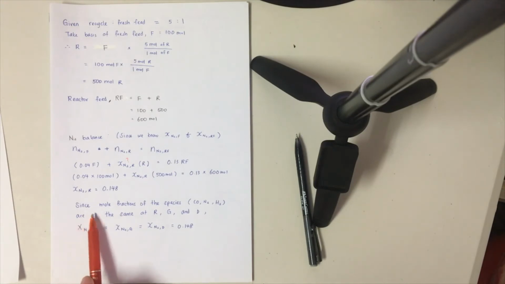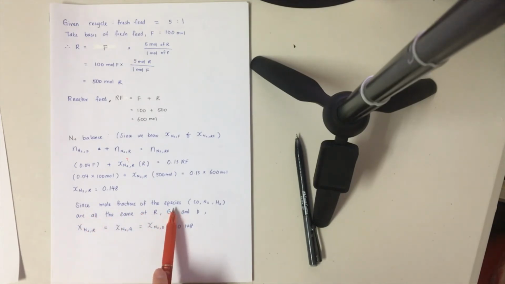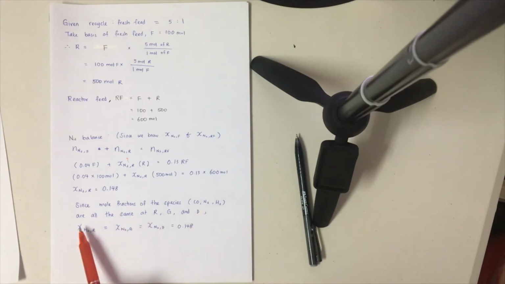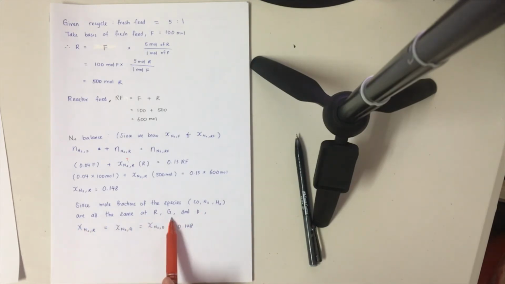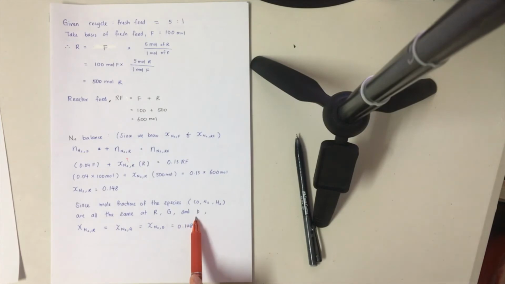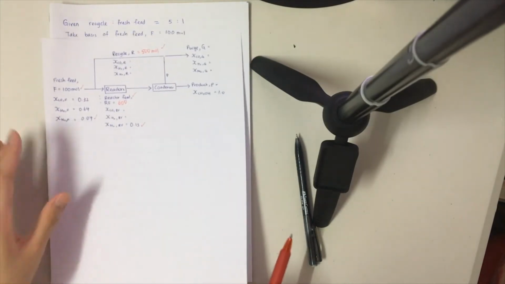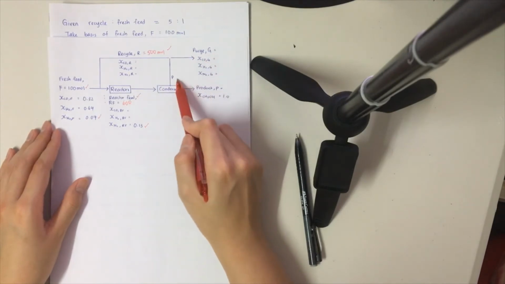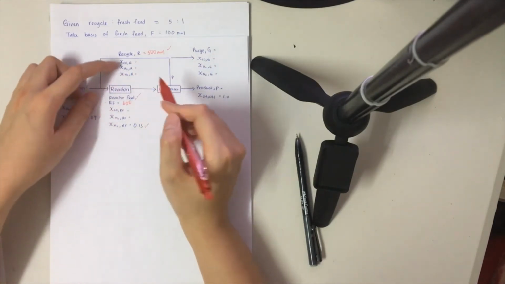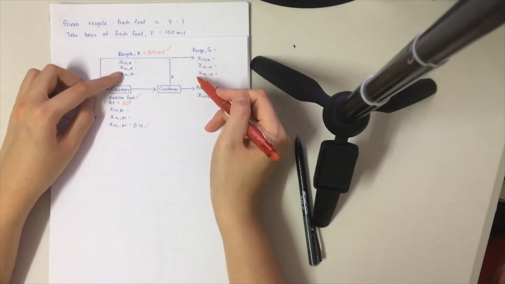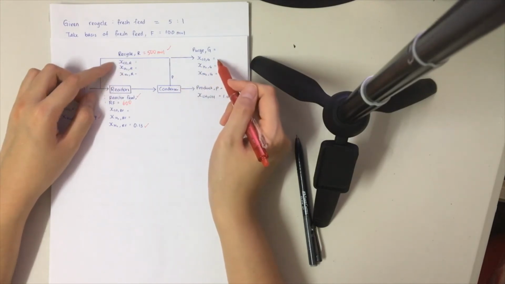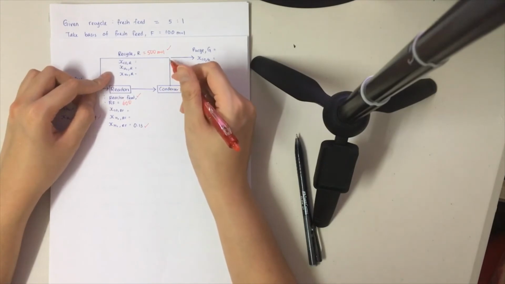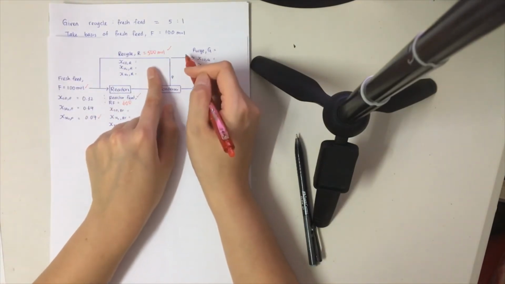Now, the mole fractions of the species, which are CO, N2 and H2, are all the same at R, G, and D. The composition here, meaning the fraction here and here, should be the same. Why? Because whatever comes out here is just being split.